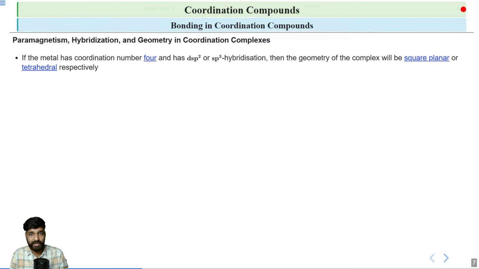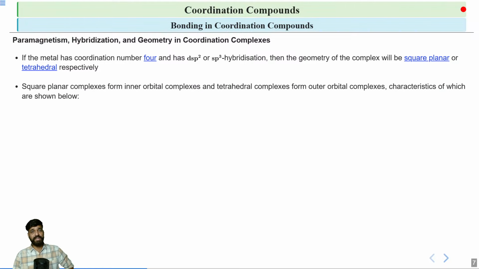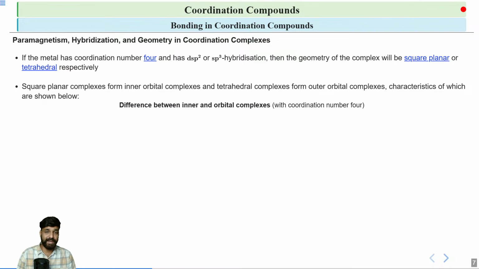Okay, what does it involve? It involves dsp2 and sp3, and here the coordination number is 4. So in case of dsp2, the shape will be square planar, whereas in the case of sp3, the shape will be tetrahedral.